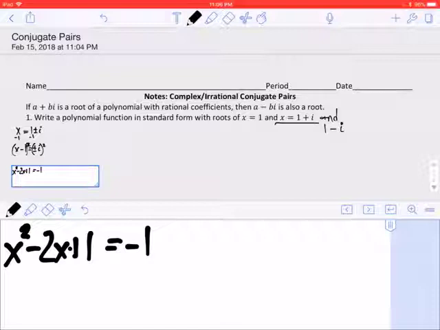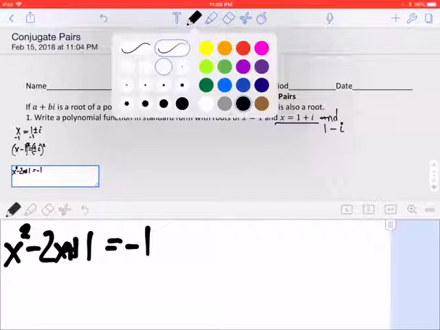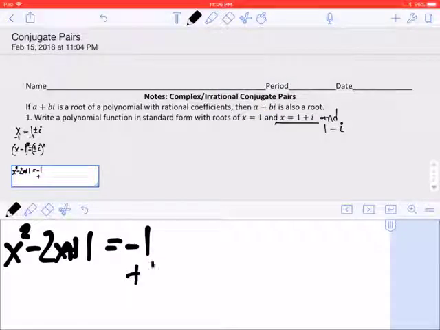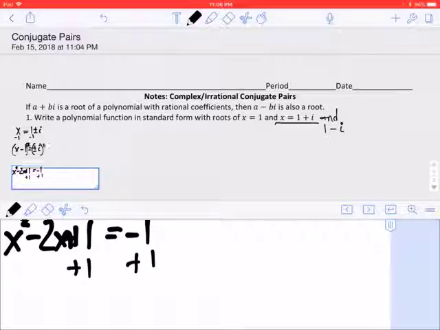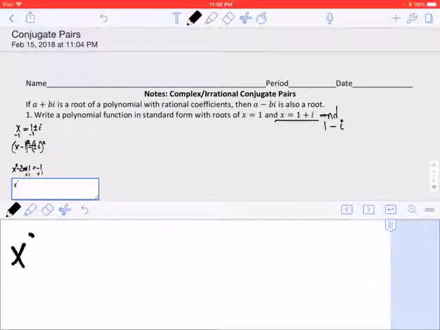Oh, that's a plus 1, sorry. And then we can add 1 to both sides, and we get x squared minus 2x plus 2. So now this is the quadratic function that will have roots of x equals 1 plus or minus i.